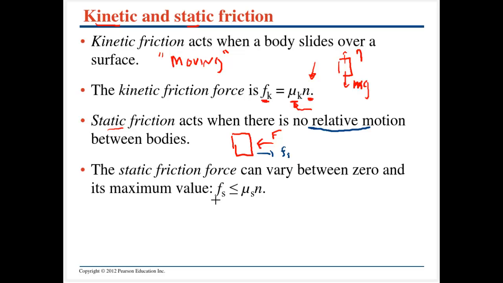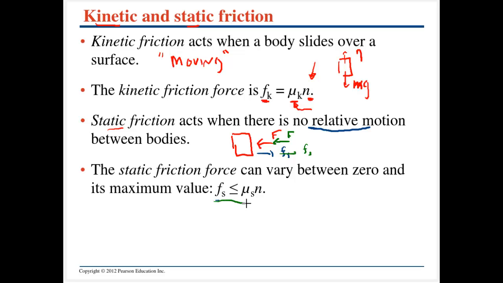It doesn't necessarily have to be a single value, because if you push on a box with a given amount of force and it doesn't move, and then you push on it with twice the amount of force, the frictional force, if it doesn't move, can rise to meet that challenge.